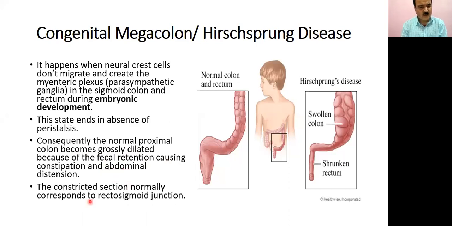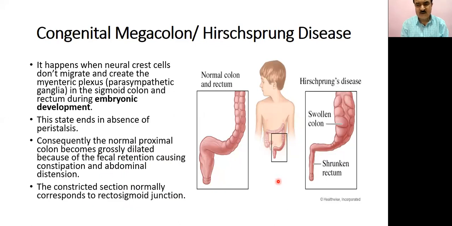The constricted section normally corresponds to the rectosigmoid junction. Usually the rectosigmoid junction is involved in Hirschsprung's disease. Usually it is congenital, so it manifests in the pediatric age group. You may see the child is not growing properly, and the parents say he is having constipation and protrusion of the abdomen.